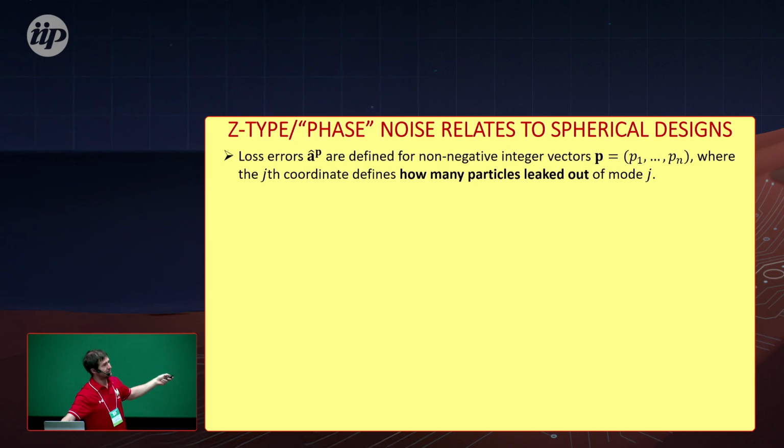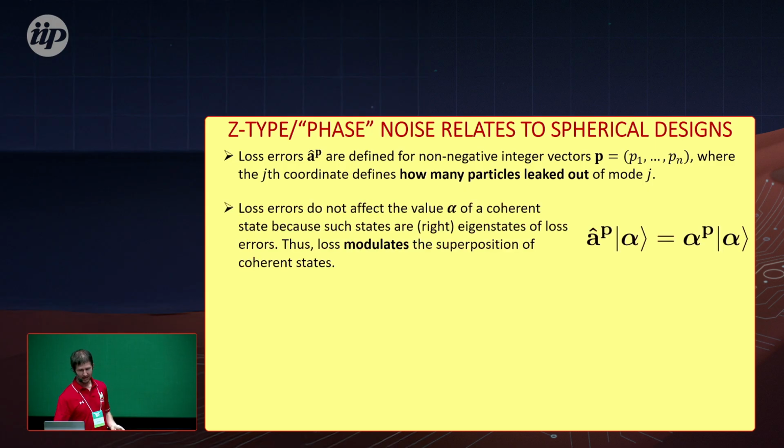And the loss error is what actually provides that action of leaking out. As for the action of these loss operators on coherent states, as you know, coherent states are eigenstates of these loss operators. And so each coherent state in your superposed constellation and your polytope is modulated by the corresponding coefficient that comes out of this operator.